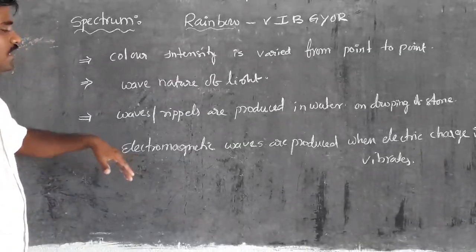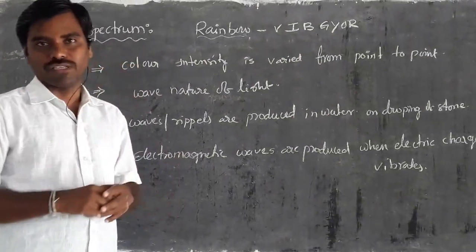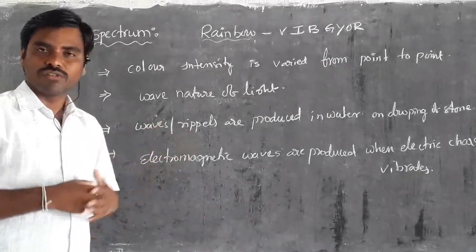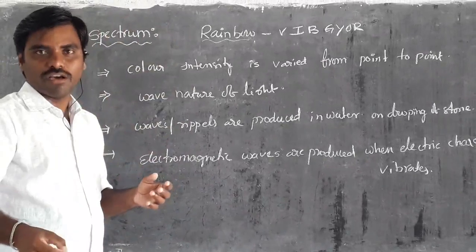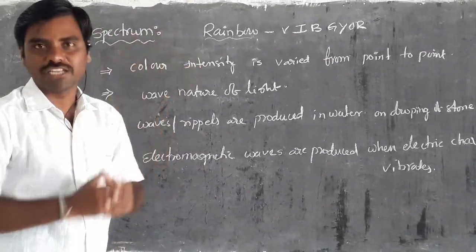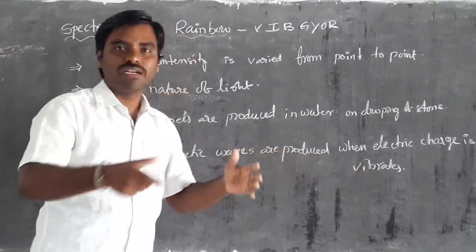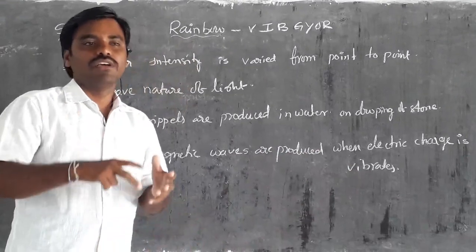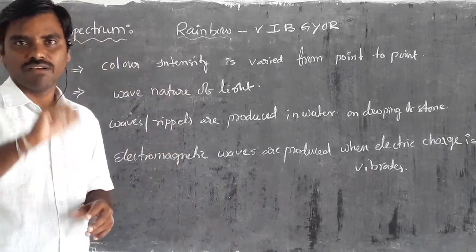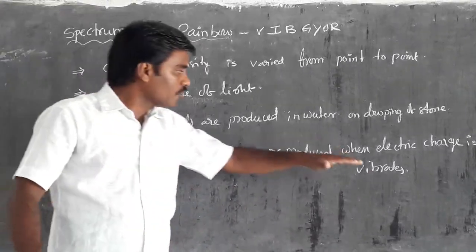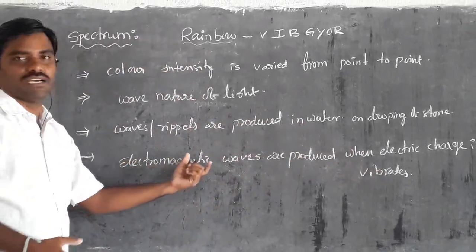Coming to the fourth point, we are already familiar that electrons revolve around the nucleus in an atom, from either Rutherford's model or Bohr's model. When an electron revolves or moves in the spherical shape of the atom, it shows vibrations. I consider that movement as vibration because it may move along the x-axis, y-axis or z-axis, so it can move in different ways. When the electron vibrates, it can create an electromagnetic wave.